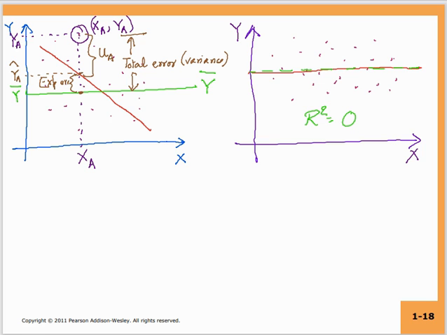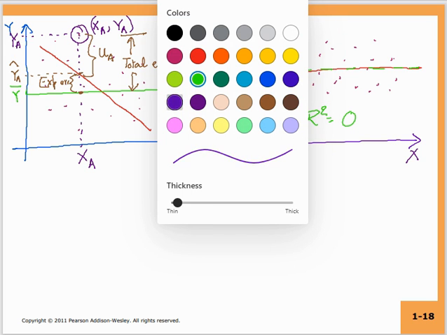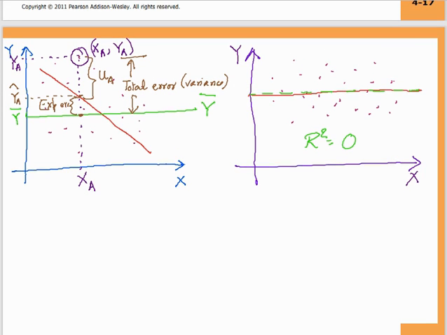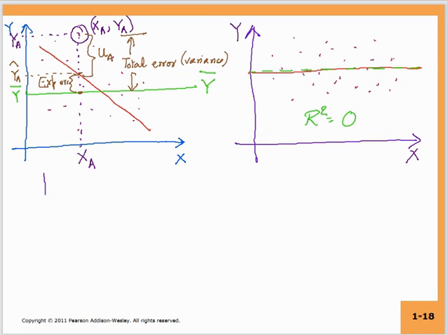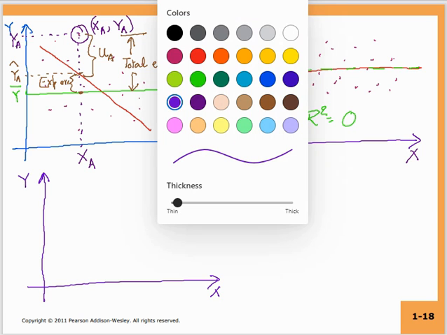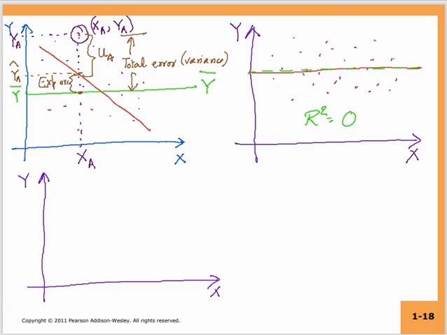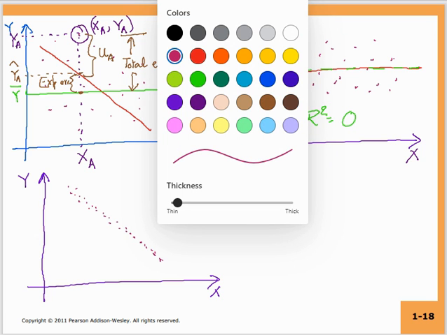Meanwhile, if you have a situation where your cloud of points lies like this, and your regression line is like this.